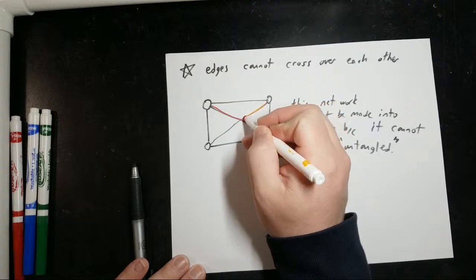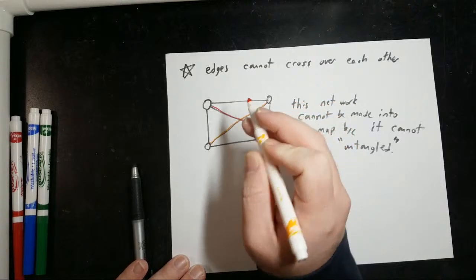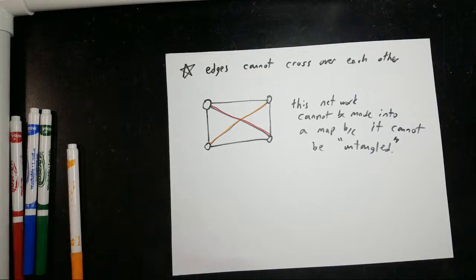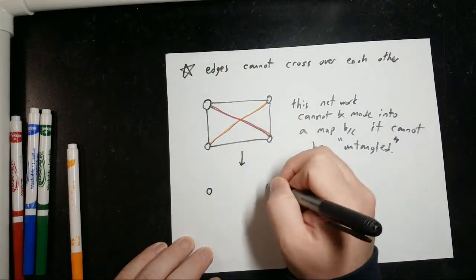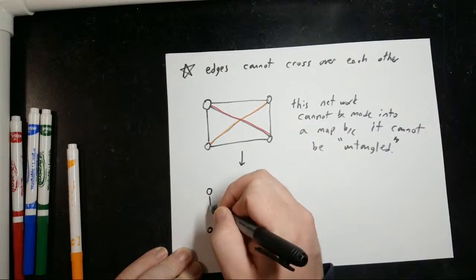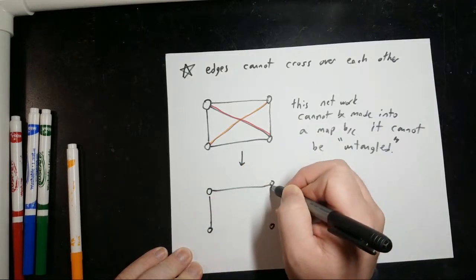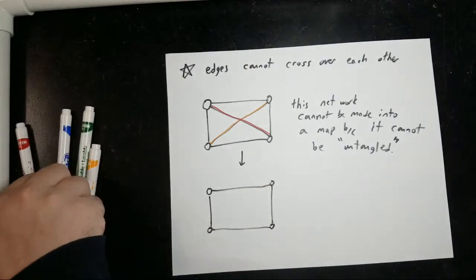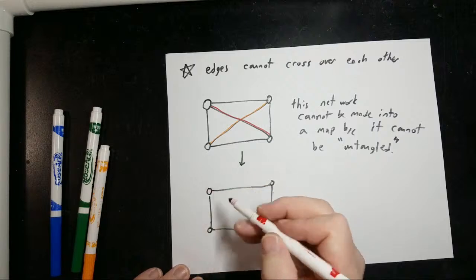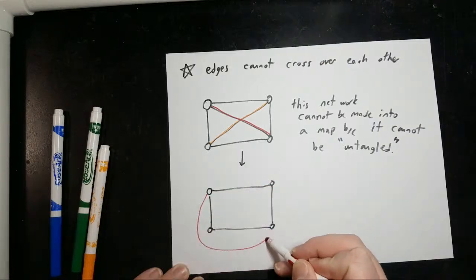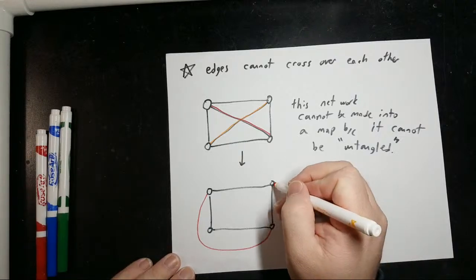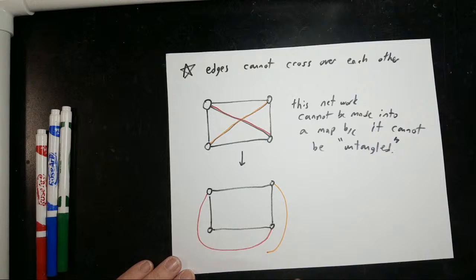Now, there are some instances in which you can untangle a map. Right now, this map is what we call tangled. If I were to rewrite it, I could look at trying to untangle this mess by taking that red edge and trying to rewrite it like that, and trying to take the orange edge and, oh, can't do it.